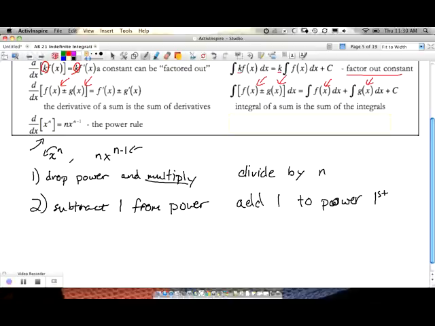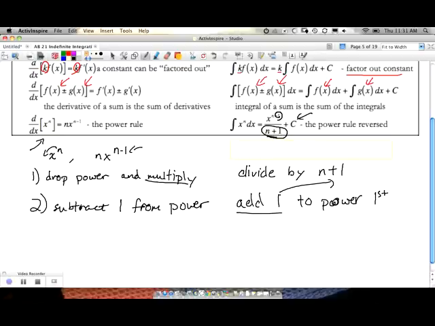So now let's look at what this formula is. The general idea: you add 1 to the power, then you divide by that n plus 1, and of course we always have this plus c.